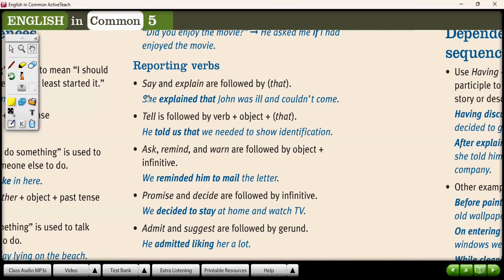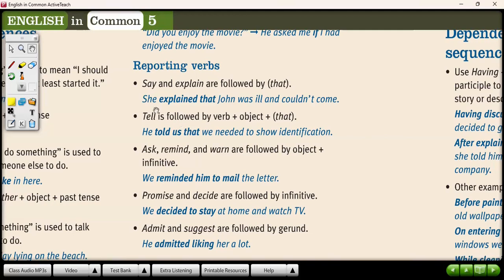But now, suppose you're not the interviewer anymore. You're just someone in the audience. So when reporting this, you're going to use say. That's the difference, okay? Another way to see this is by looking at the structure. When we use the verb say or explain in reported speech, these two verbs don't require an object.